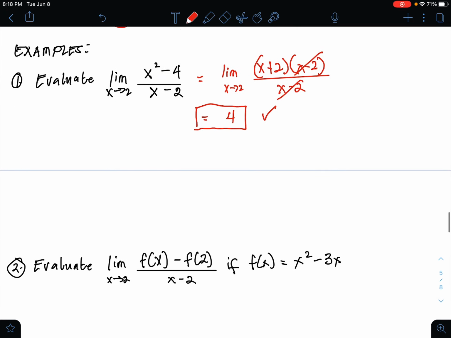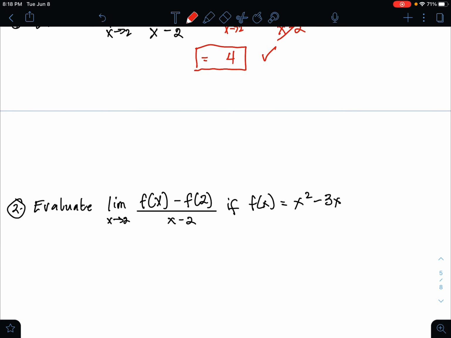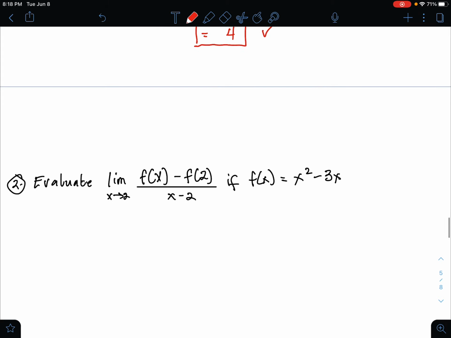Okay, next, evaluate the limit of f of x minus f of 2 over x minus 2 as x approaches 2. Okay, so let's just substitute this one directly. Let's write the whole function, because when we substitute directly, let's rewrite that first.